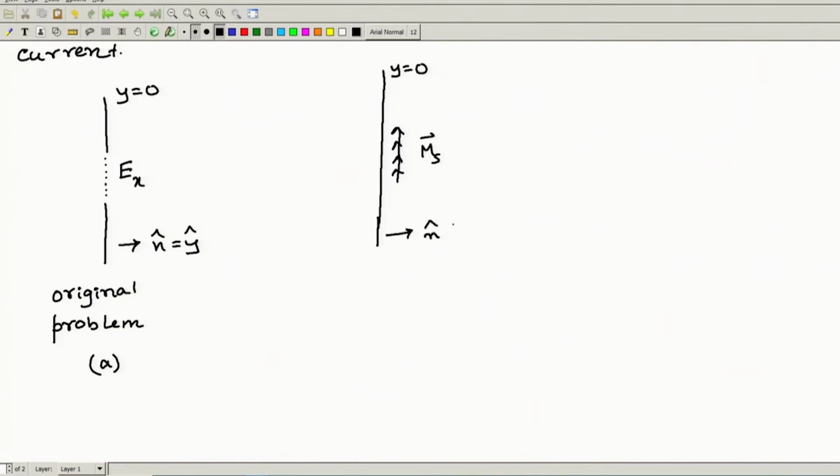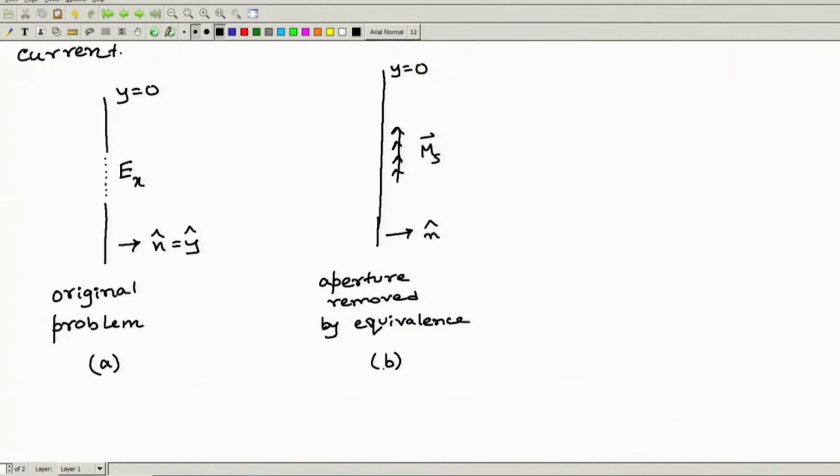This was our N. Then we can say in this we have applied the equivalence principle, and let us write this as aperture removed by using equivalence theorem. So this is B.